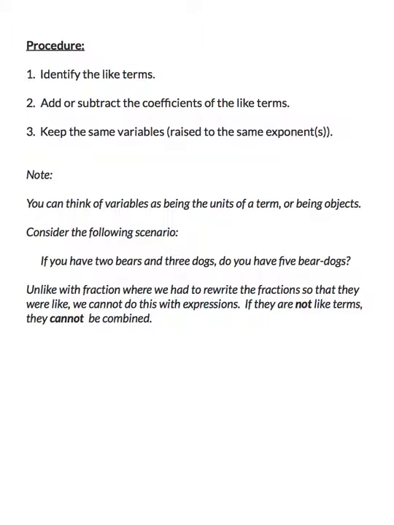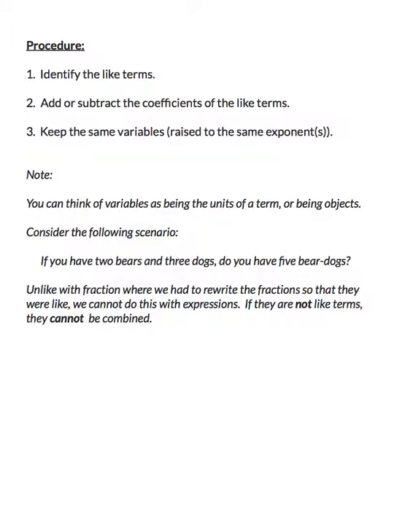Another thing to consider is remember when we talked about adding and subtracting fractions. Remember that we could add like fractions by adding or subtracting the numerators, and we kept the same denominator. With fractions, we could rewrite them using the same denominator.